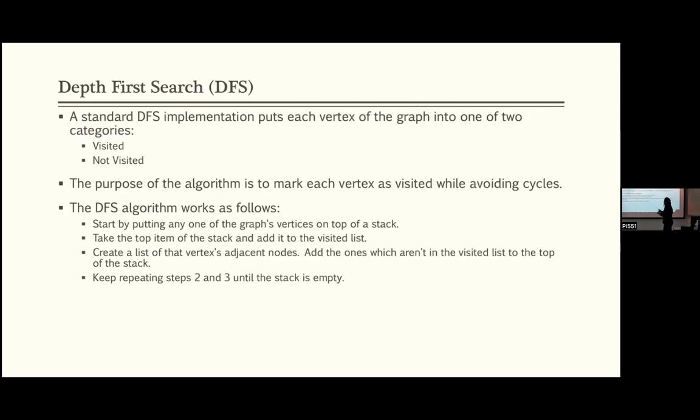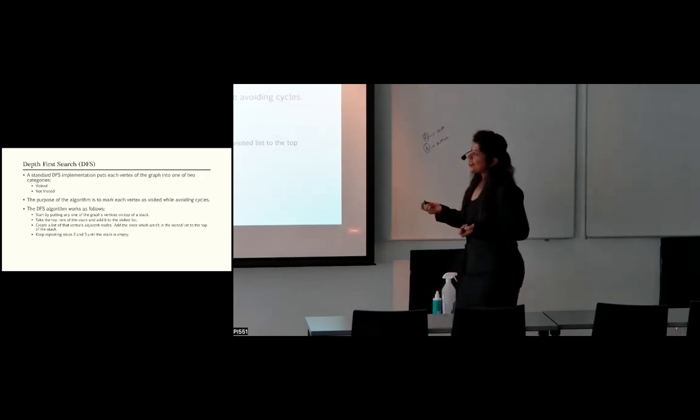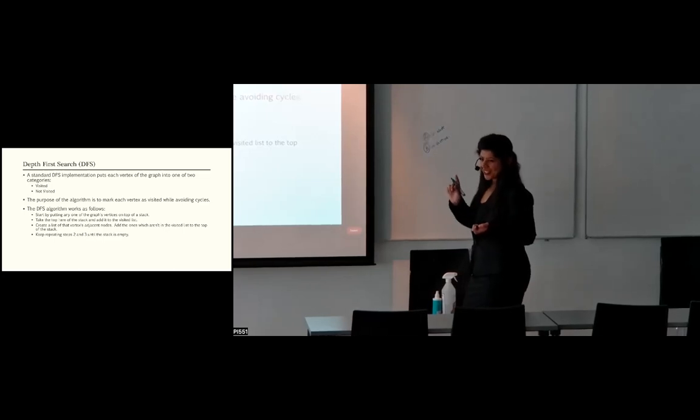So what is it? In depth first search, we take each vertex. These points A, B can be called nodes as well as vertices. Yes, one vertex, and multiple vertices are called vertices.